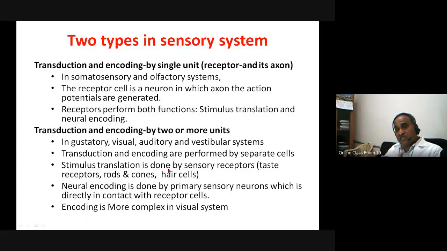The bipolar cells and the ganglion cells have another set of synaptic modifications, which either modify or encode this information. And there are different types of cones and different types of ganglion cells which can detect color, because the color we see in the world has so many hues and aspects.